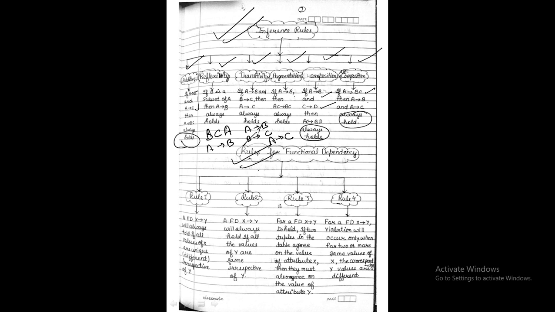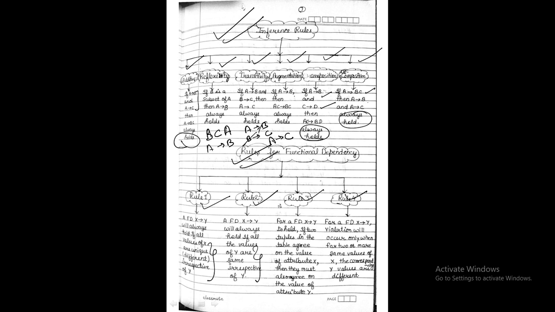Rules for functional dependency: Rule 1, Rule 2, Rule 3, Rule 4. In Rule 1, X implies Y will always hold if all values of X are unique and different irrespective of Y. In Rule 2, X implies Y will always hold if all the values of Y are same irrespective of X. In Rule 1 these are unique, in Rule 2 these are same.